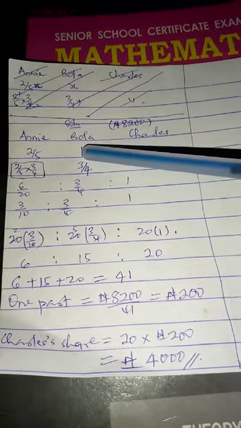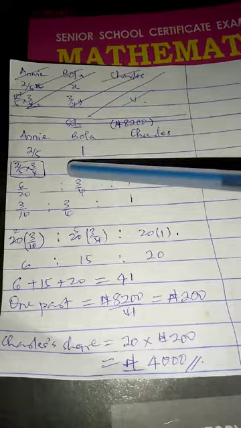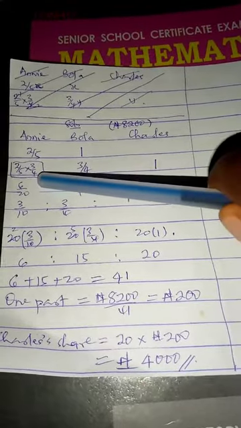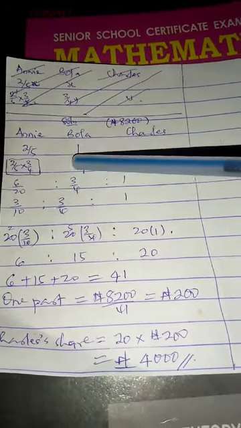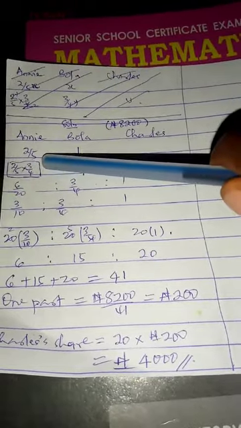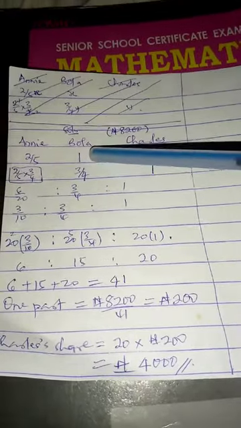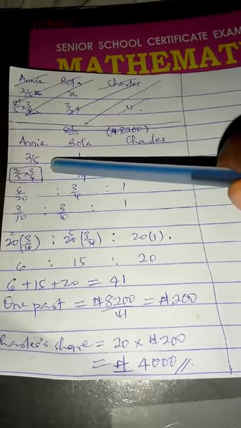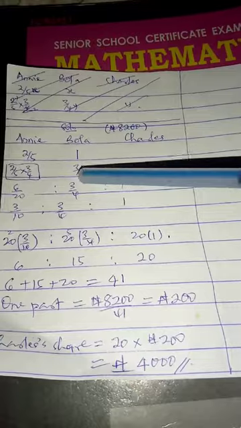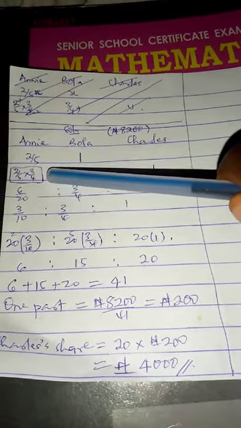If 1 of Bola should give you 2/5, what will 3/4 of Bola give you here? If 1 of Bola gives 2/5, 2 of Bola will be 2 times 2/5, 3 of Bola will be 3 times 2/5, x of Bola will be x times 2/5. Therefore, 3/4 of Bola will be 3/4 times 2/5.